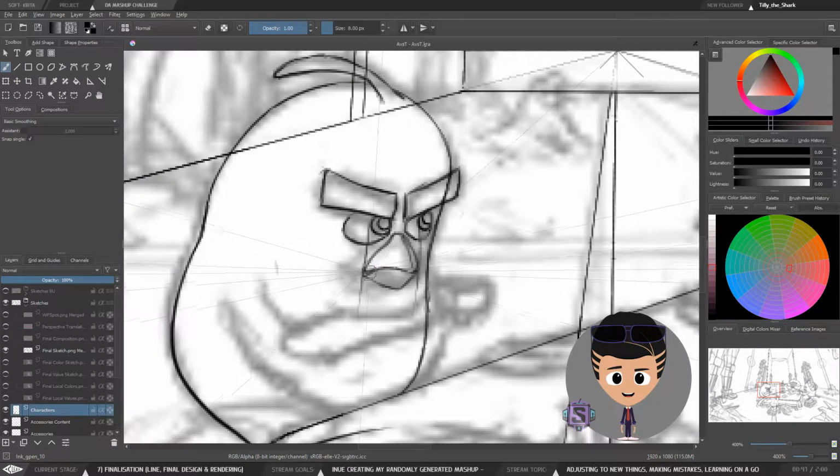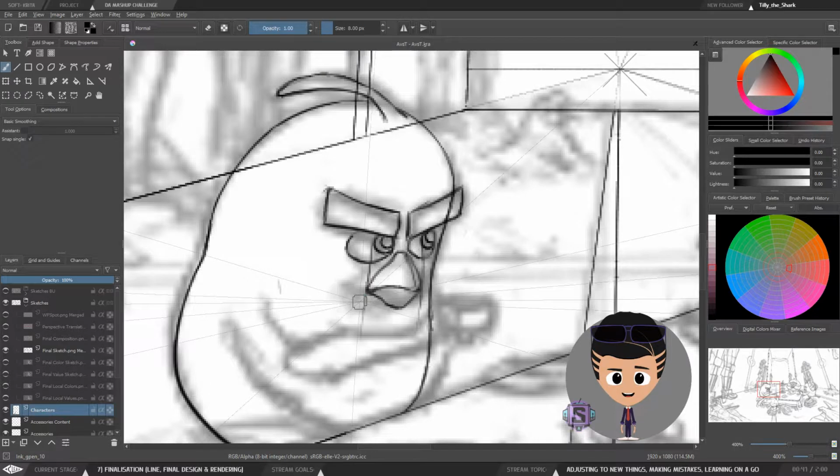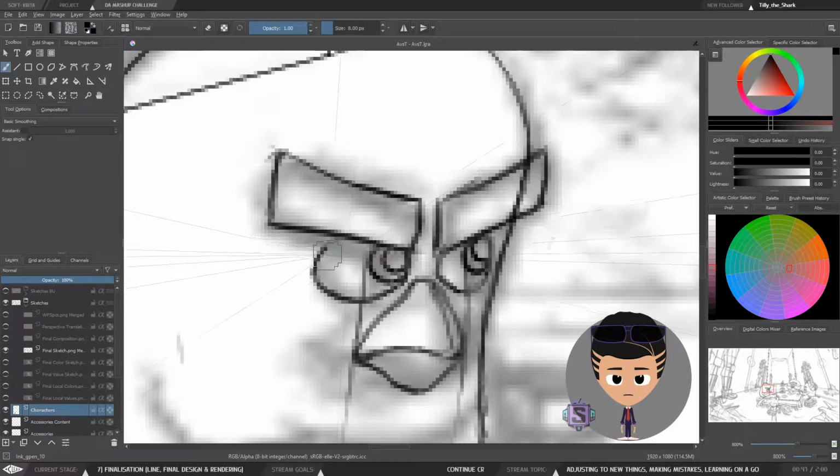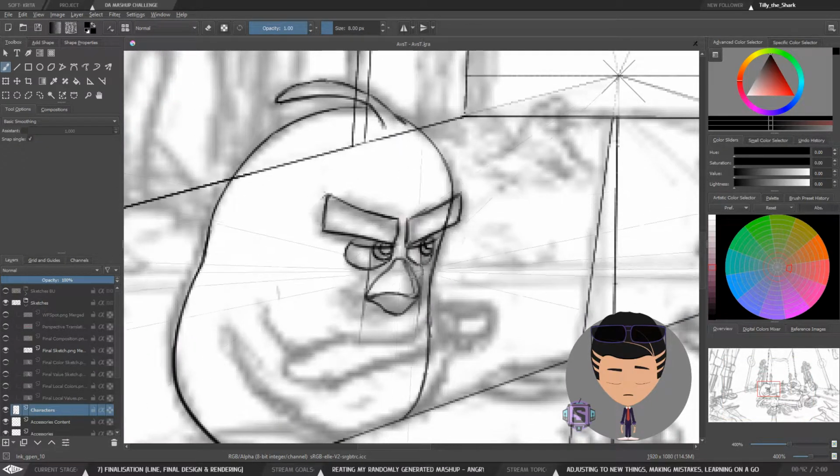So these things need to be a little bit higher. I don't think that we need to add those, although we could. The eyelashes.